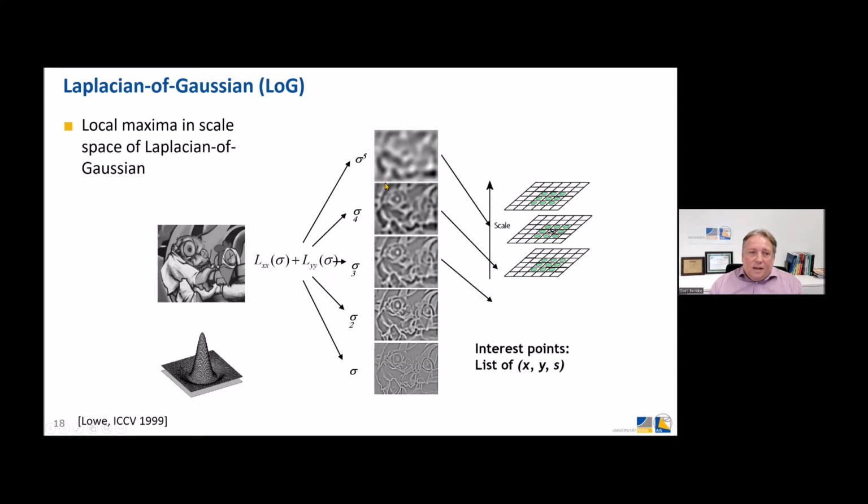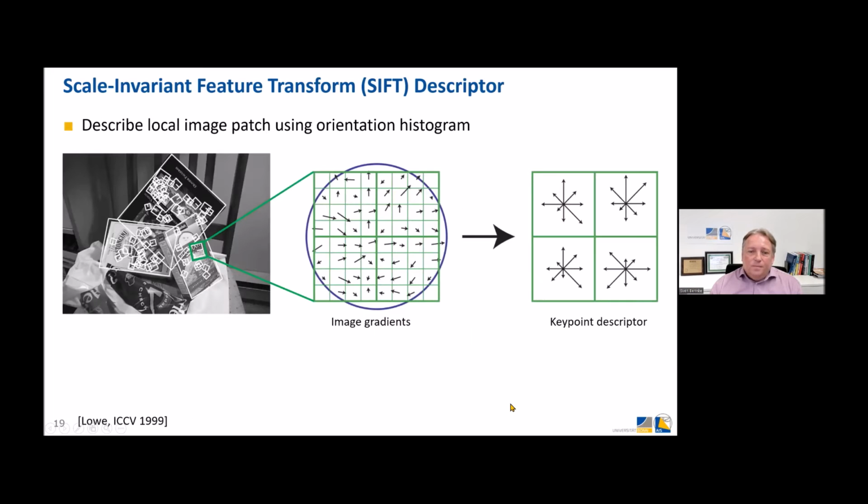This is done in a scale space, so we decompose the image into different spatial frequencies and search for local maxima in this contrast, not just in position, but also in scale, so that we have interest points that are localized in the image and in the scale.